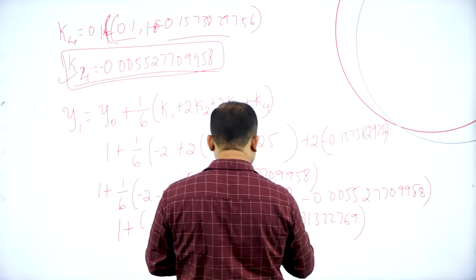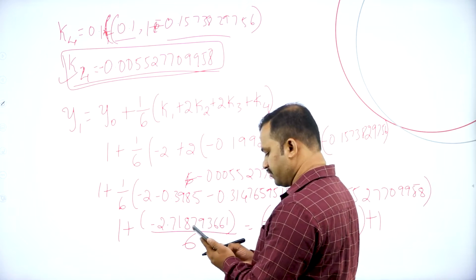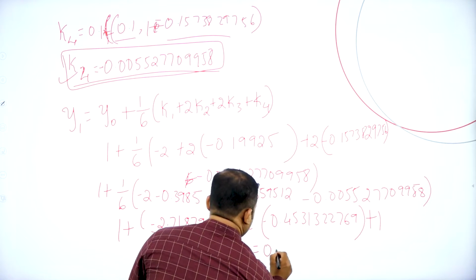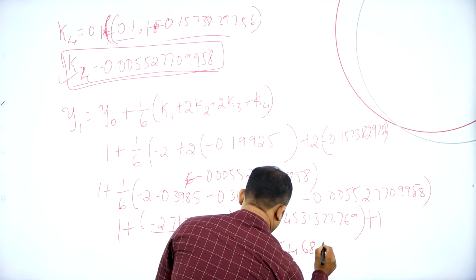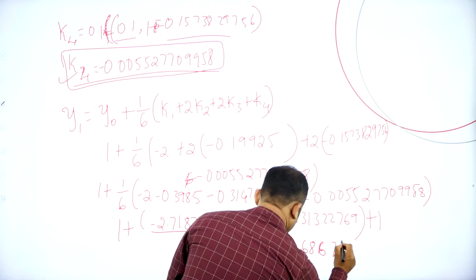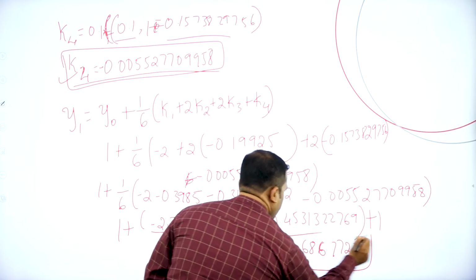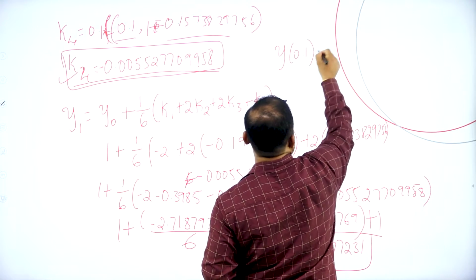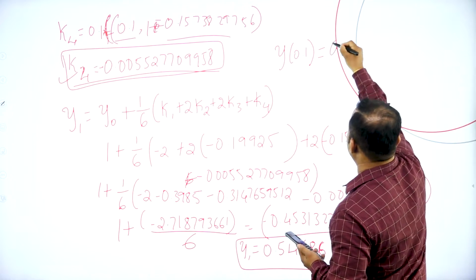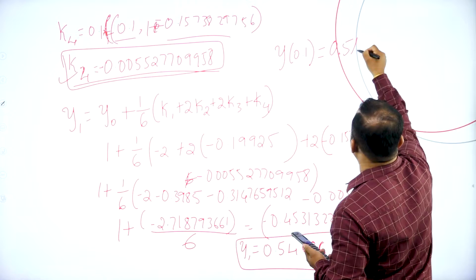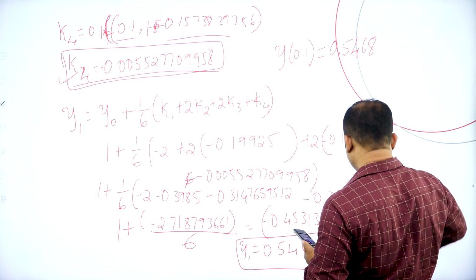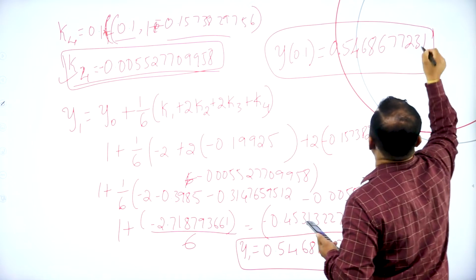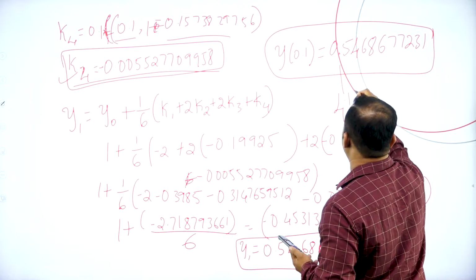This must be, not multiplication, plus 1, that is answer plus 1, which is equal to 0.54686772231. This is the value of y1, that is y of 0.1, equal to 0.54686772231. This is by the Runge-Kutta fourth order method.